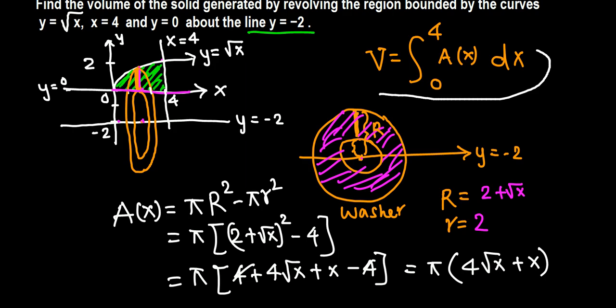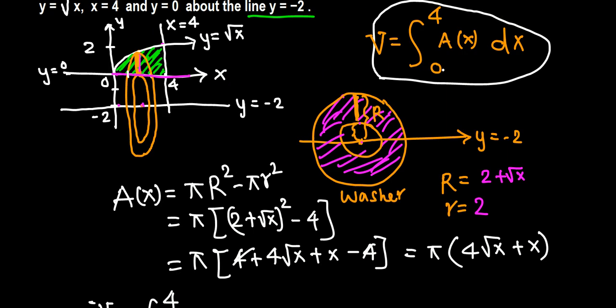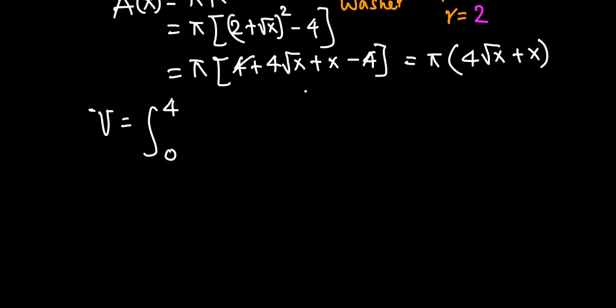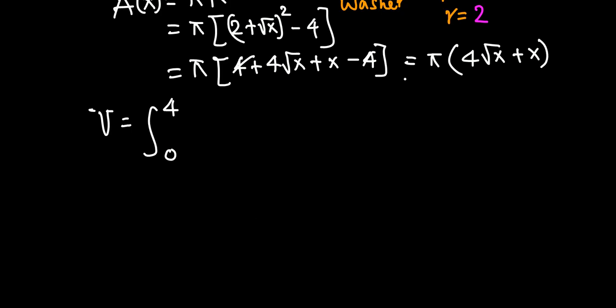Now we will use the volume formula to calculate the final volume. The volume is given by the integral from 0 to 4, because the sample rectangle could be taken anywhere from 0 to 4. The area we just found is pi times 4 root x plus x, dx, and we can pull pi outside.